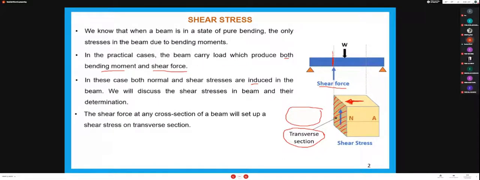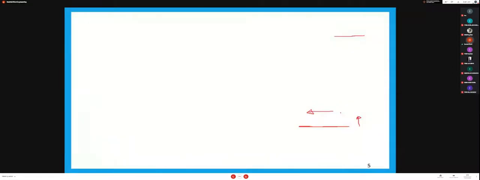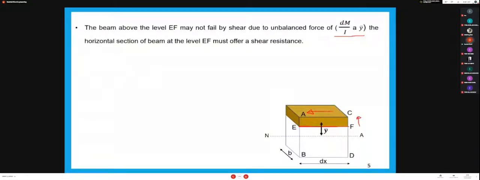According to the shear force at that section, complementary shear stress is produced in the longitudinal direction. That means if we find this longitudinal force, we can find the shear stress at the transverse section. So in the same way here, we find these longitudinal shear forces, known as the complementary shear force. Okay, so we can easily find the shear stress at that transverse section.